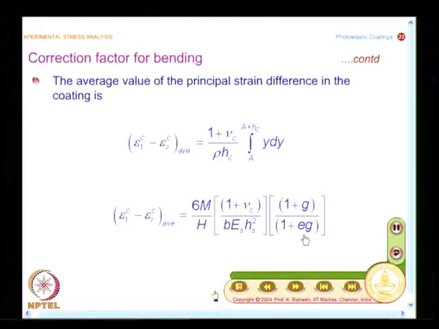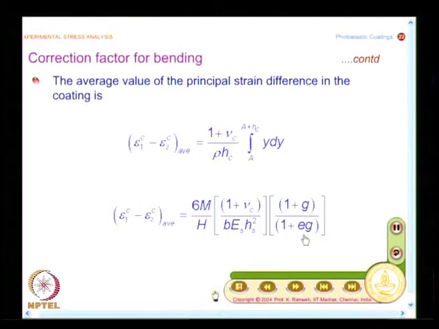So, in all these expressions you know E denotes E c by E s, g denotes h c by h s. That kind of symbolism we have developed, and that makes your writing of expression simple. So, now you have methodology how to go about and write the final expression for correction factor in bending.